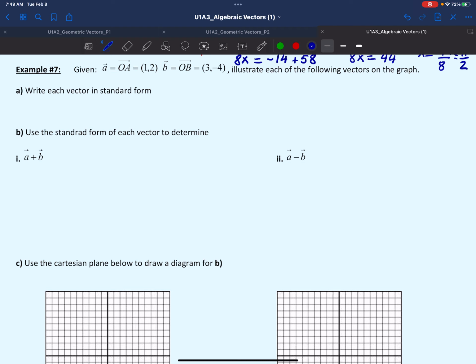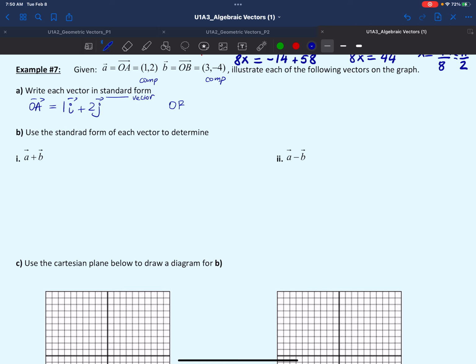Now, vector OA is given in component form, right? So both vectors, you're given the coordinates. So these are the component form or coordinate form. So if we want to write them in standard form, means that we have to describe them as vectors, so kind of vector form. So that must be 1i plus 2j.